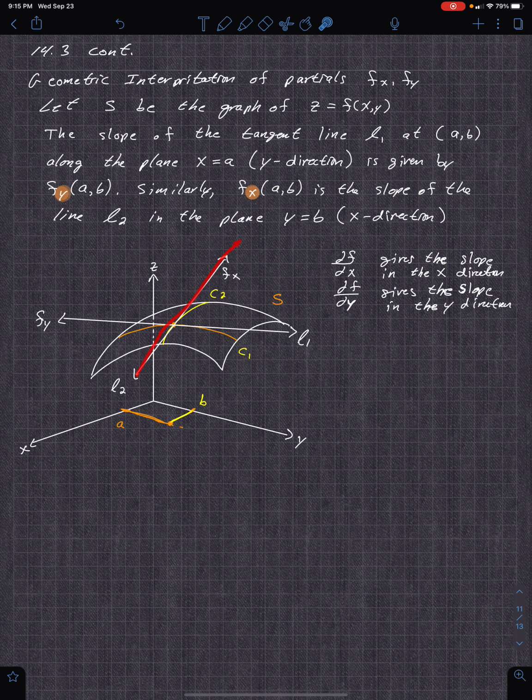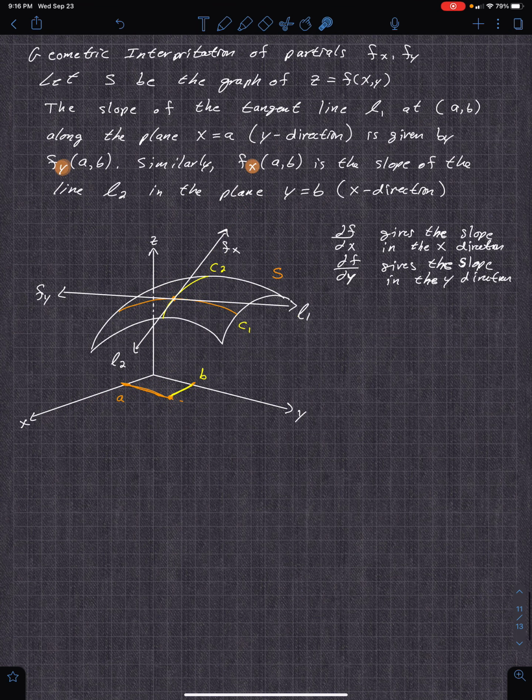So here's L2, and this is going in the x direction. So that's what I want you to remember, is that the partial y is in the y direction. Makes sense, right? And then partial x, fx, is in the x direction right here. So it's the slope of those, so it's in those directions only when you do those first partials.